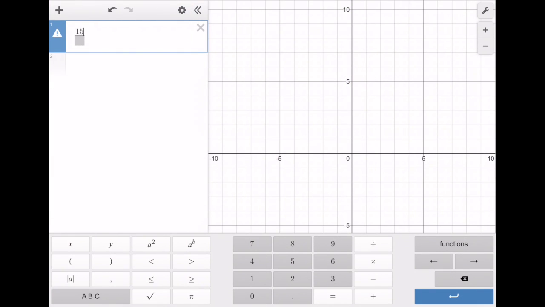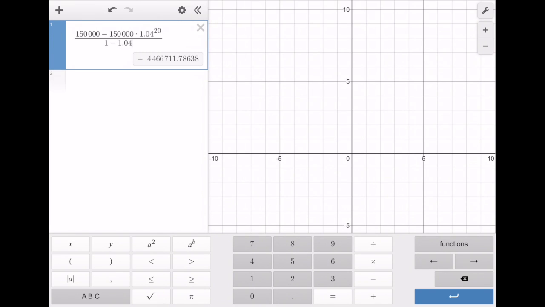So we have 150,000 subtract 150,000. Multiply that by 1.04, raised to the 20th power. And on the bottom we have 1 minus 1.04.